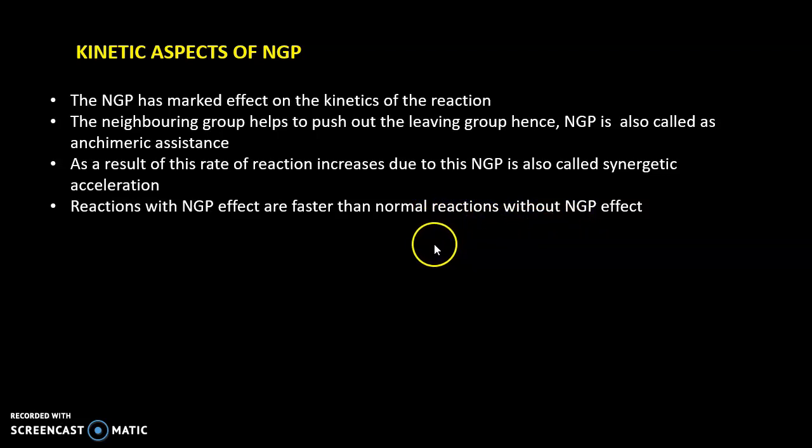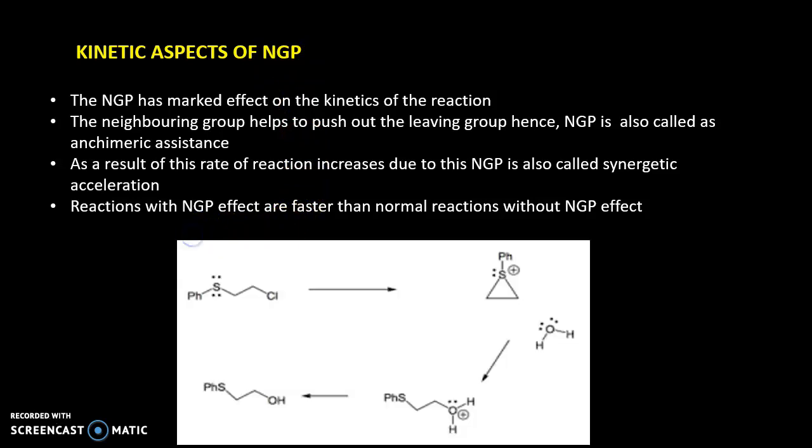Okay. So if you have forgotten what neighboring group participation or this NGP effect is, then I will take one example here so that your memories will be refreshed. Okay, see this example here. This is PhS-CH2CH2Cl. This is the starting material.